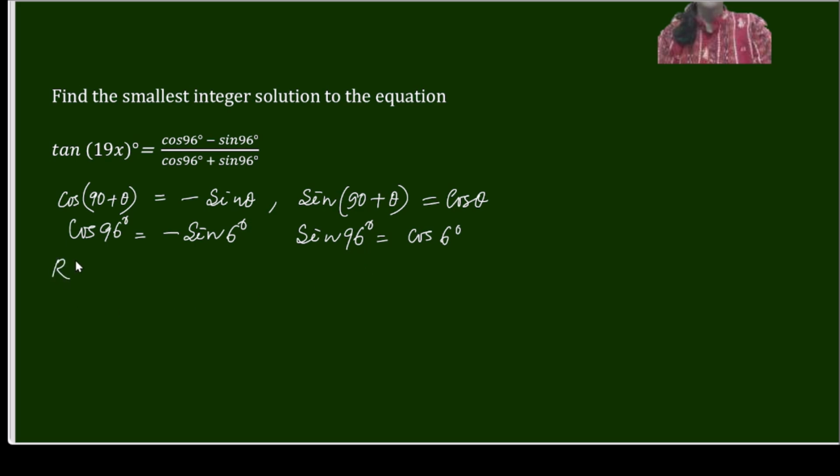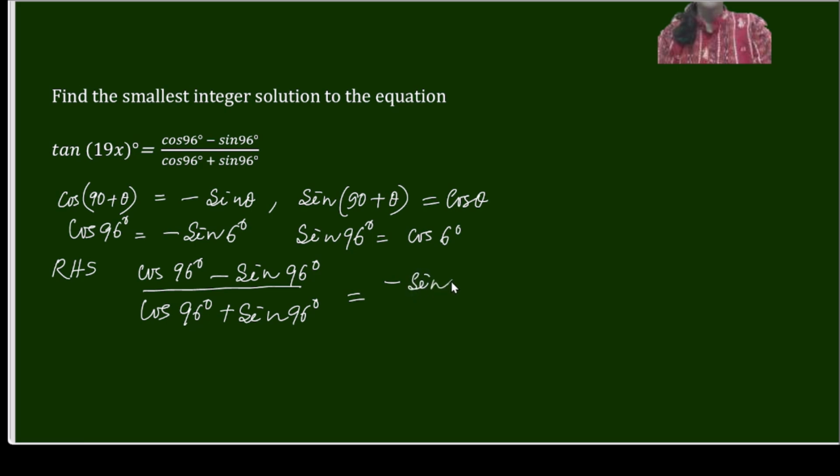So writing your RHS, it is cos 96 degree minus sin 96 degree over cos 96 degree plus sin 96 degree, which equals minus sin 6 degree minus cos 6 degree over minus sin 6 degree plus cos 6 degree.